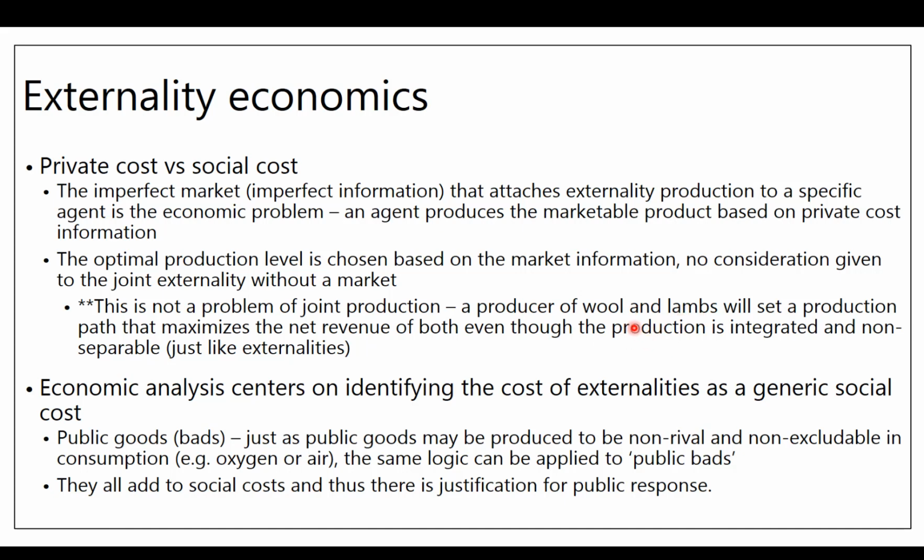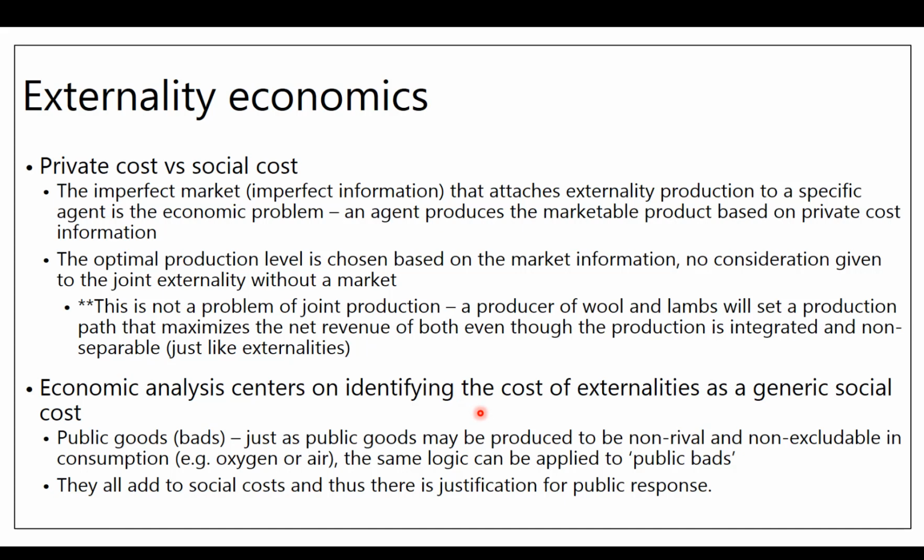And they can only do that though because there are two markets, one for wool and one for lambs, so that they can make the marginal trade-off decision, right? So it's an integrated production that they can't separate, just like externalities, but the market existence makes it where it can work. So really, it truly is a missing market or market failure problem.